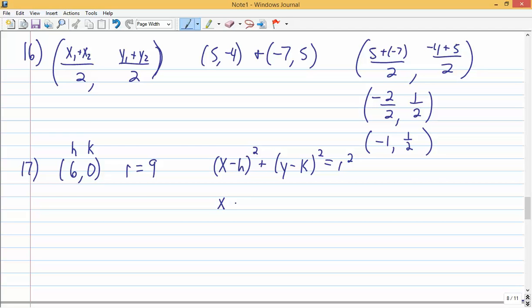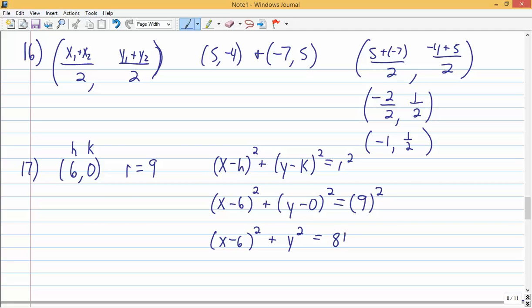So that's x minus 6 squared plus y minus 0 squared equals 9 squared. Or x minus 6 squared plus y squared equals 81. Right? Y minus 0 is just y, and then y squared is, of course, just y squared. 9 times 9 is 81. So that's the standard form of the equation of that circle.